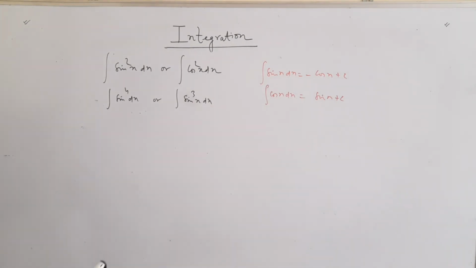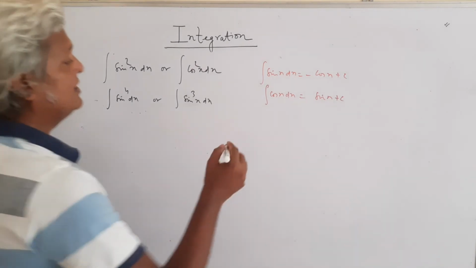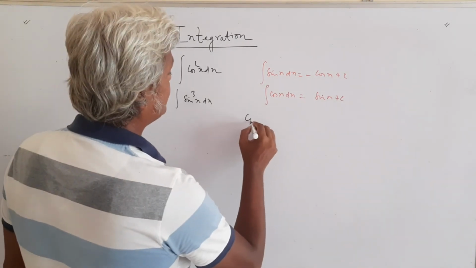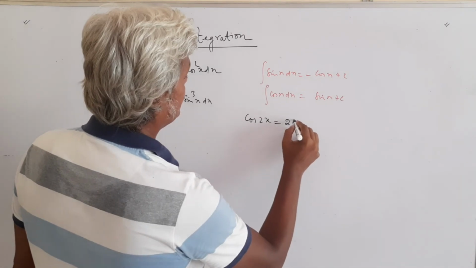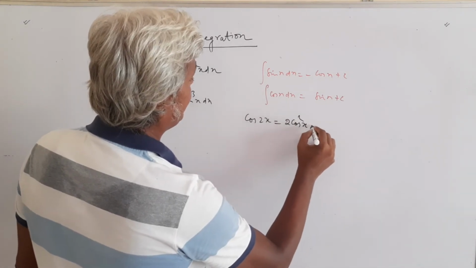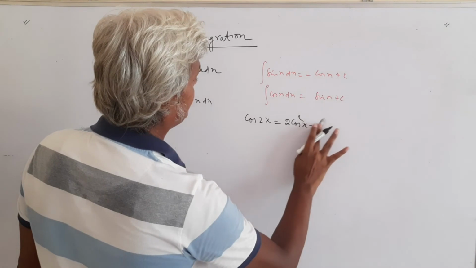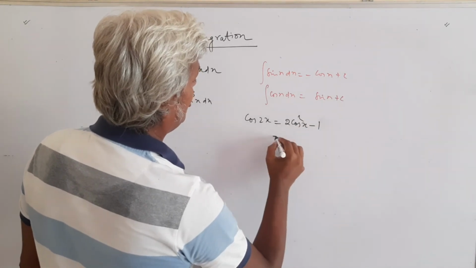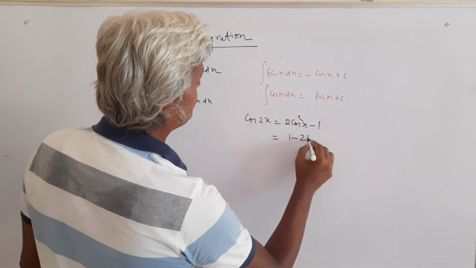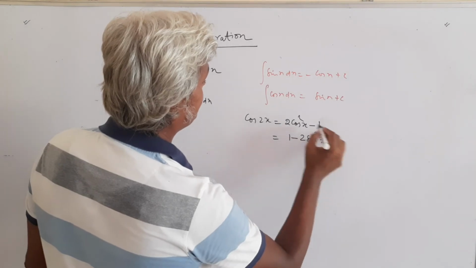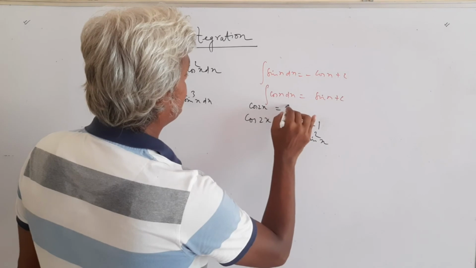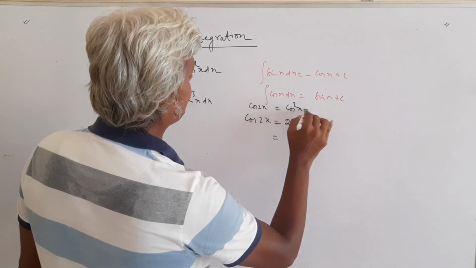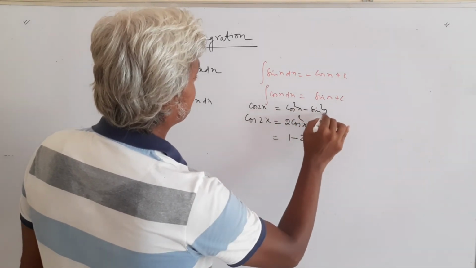We will use the idea of trigonometry, because in trigonometry you know that cos 2x equals 2 cos square x minus 1, or 1 minus 2 sine square x, and the main formula goes like cos 2x is cos square x minus sine square x.